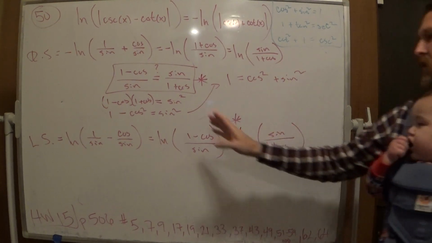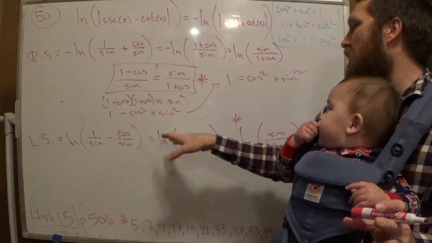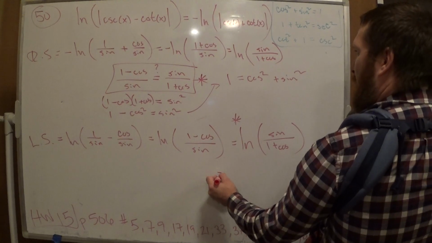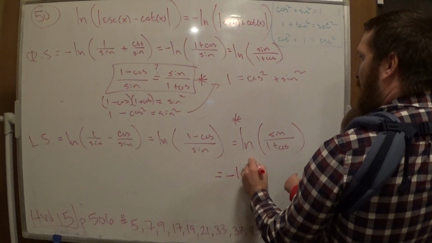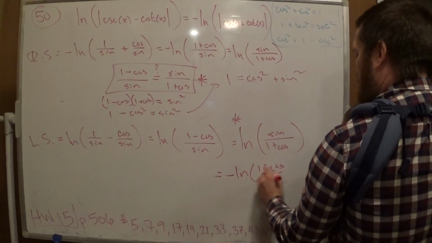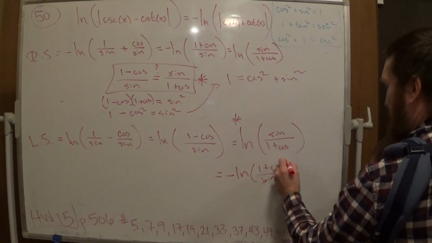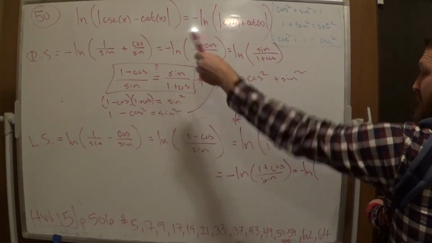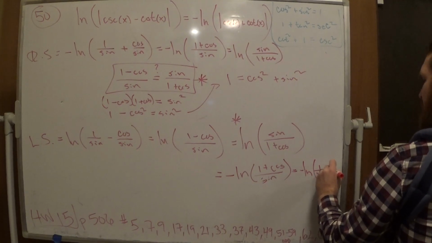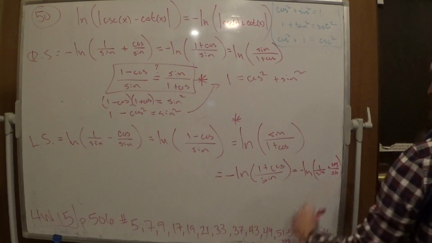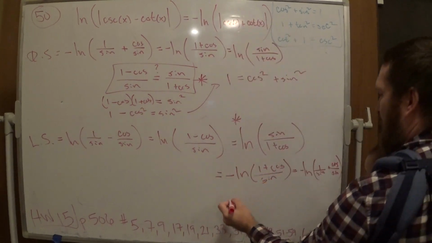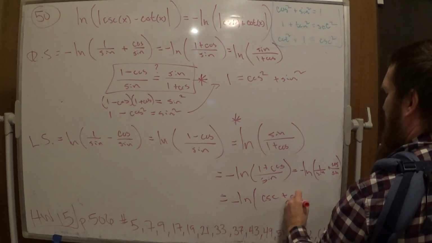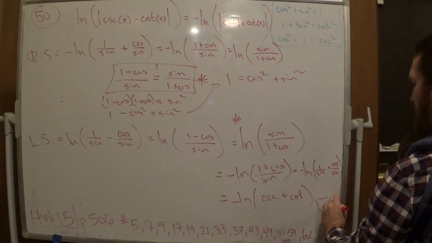But the idea is we're starting with the left-hand side, doing some work, showing that this is true, and now we go back and say, okay, that's the same thing as negative log of 1 plus cos over sine, which is the same as negative log of 1 over sine plus cos over sine, which is the same as negative log of cosecant plus cotangent, which is what we wanted to show.